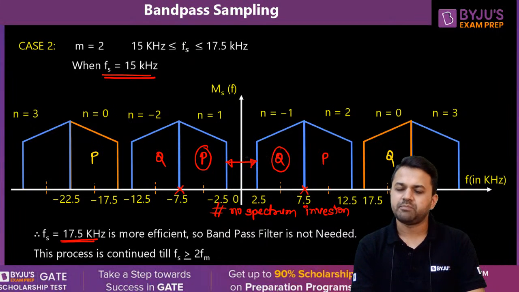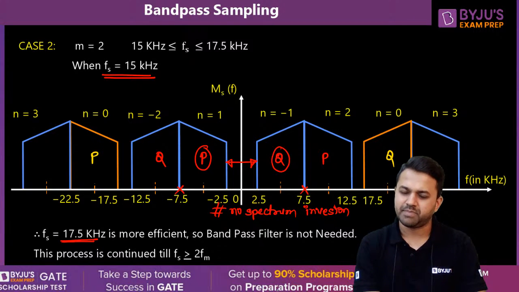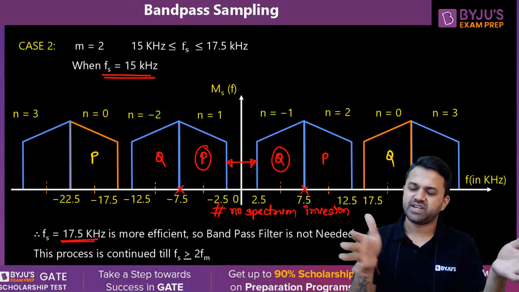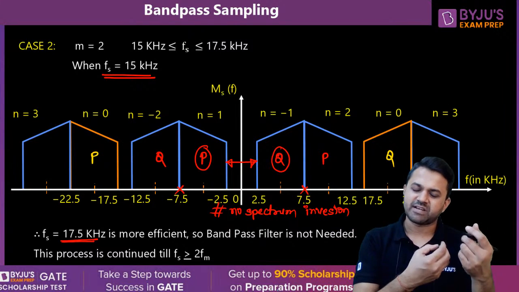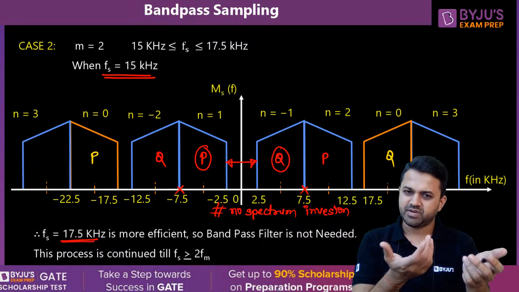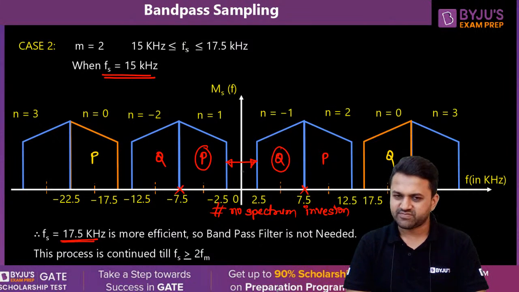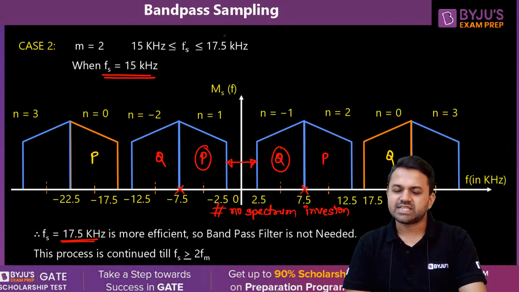There is a gap between P and Q, which is not desirable practically. When we use the low pass filter, we don't want any spectrum to be left near the origin. Near the origin, there should not be any gap. So it is not a desirable characteristic of a low pass filter. Hence, this is not considered. So obviously 17.5 was better.